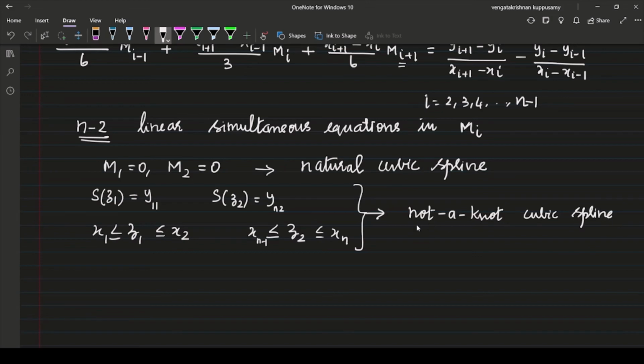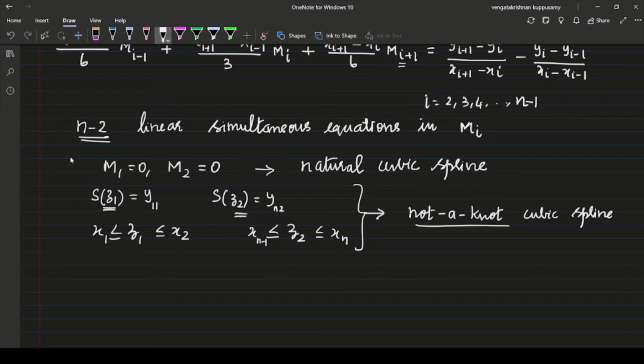We call this not-a-knot cubic spline because x_1, y_1, x_2, y_2, etc., x_n, y_n are called knots or nodes, but z_1 and z_2 are not knot points, and we know the condition at those 2 points and use them to find m_i.